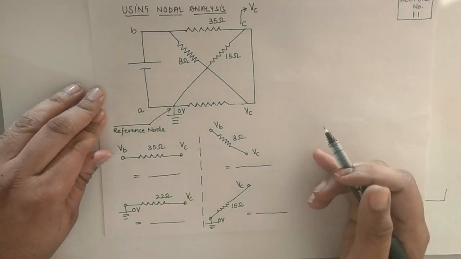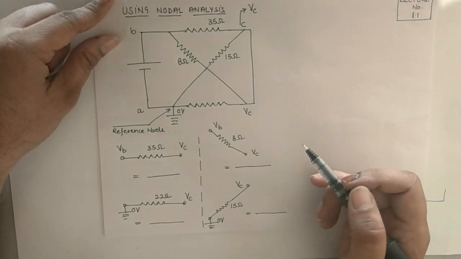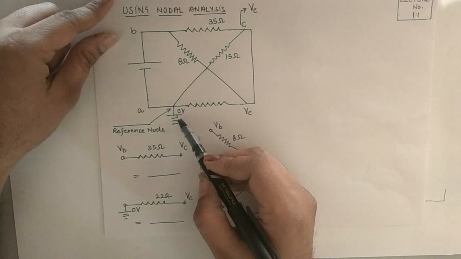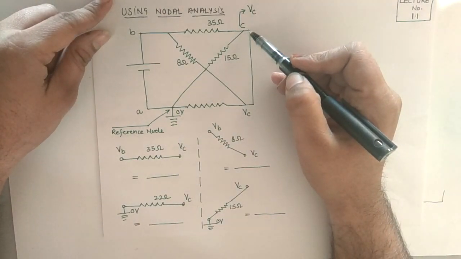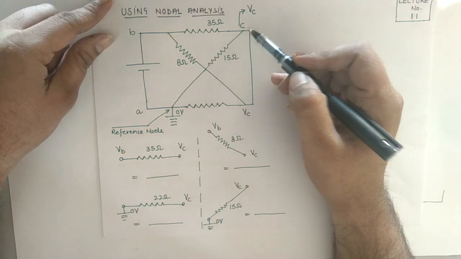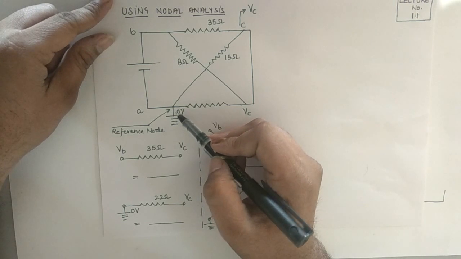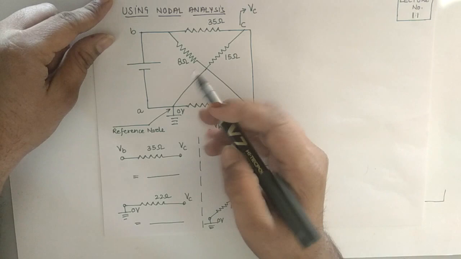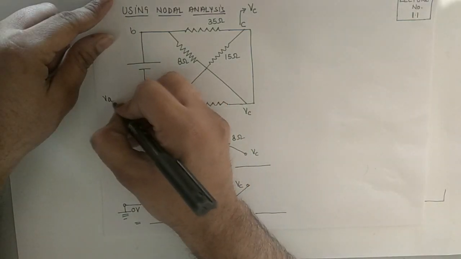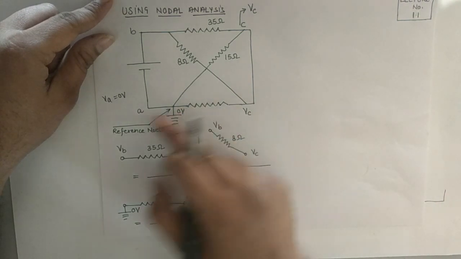When we solve this question, first of all we consider nodes. This is the reference node, and we consider this node, named VC. Now when we consider this node as the reference node, then this terminal is at 0, meaning VA is 0 volts because it is connected to 0 potential.